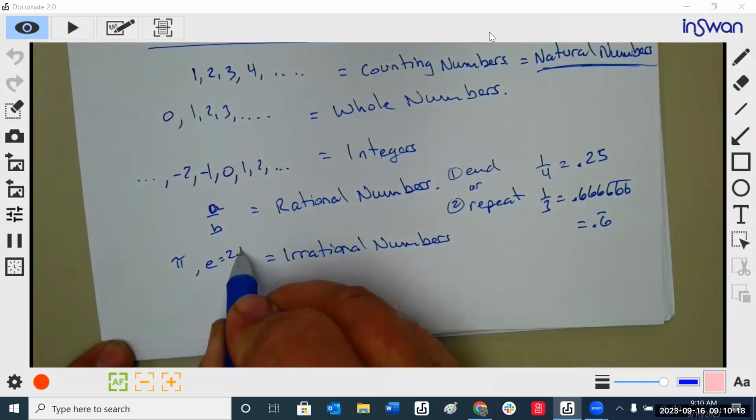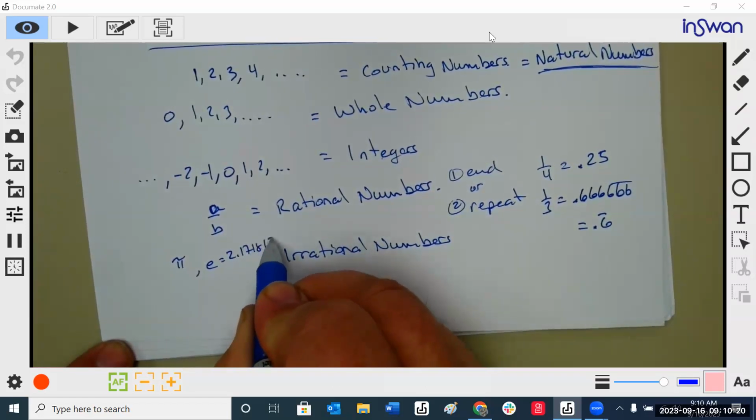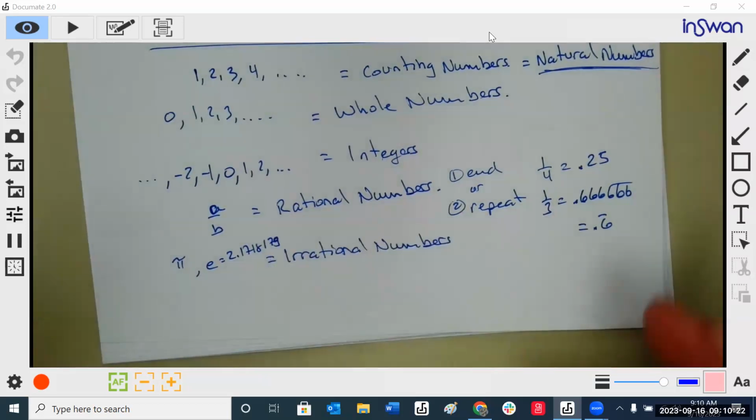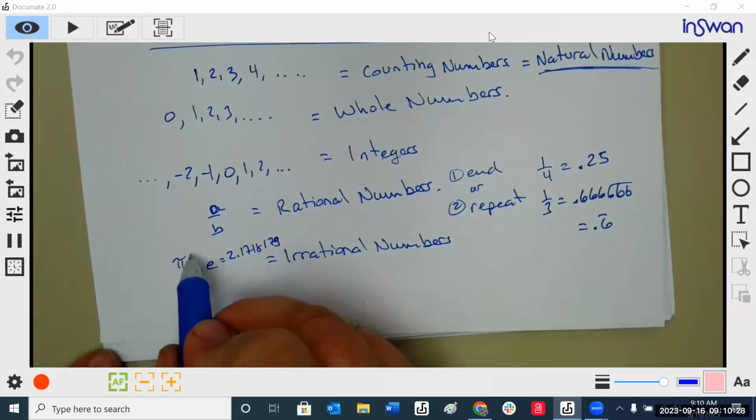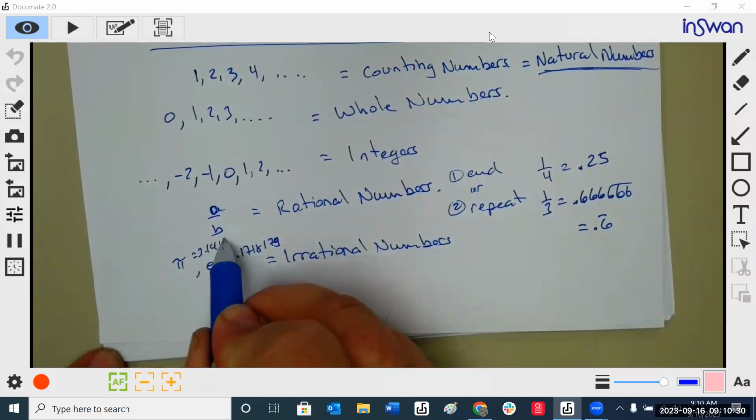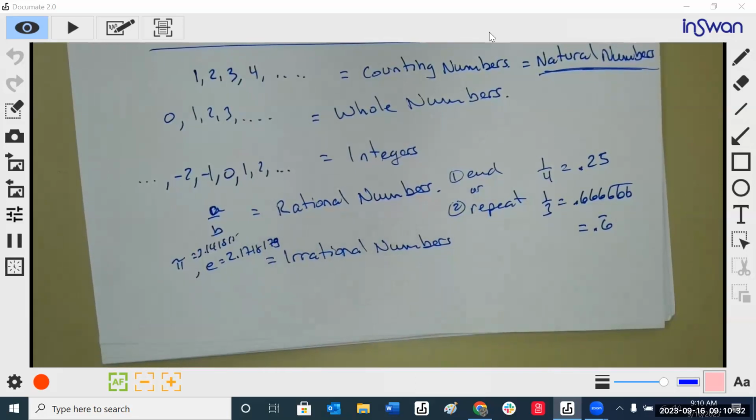It's like 2.71828, and so on. It's just a never-ending number. And pi is 3.14159, whatever. They're irrationals because they never stop and there's no repeating pattern. Rational, irrational.